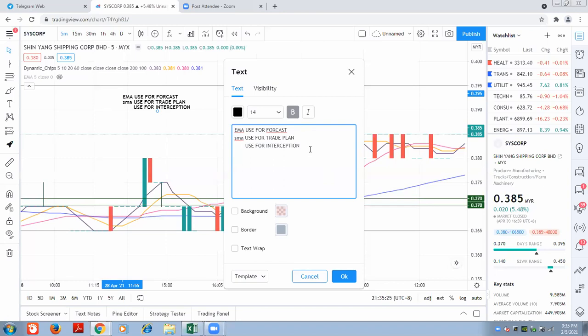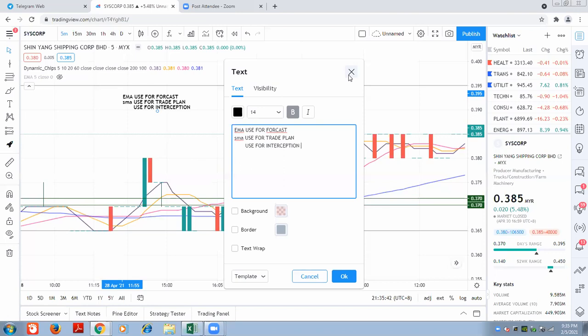So that's all for the difference between using the EMA and SMA. Basically, if you want to use the SMA, you use it for your trade plan. I believe most of you are daily traders or intraday, is it?